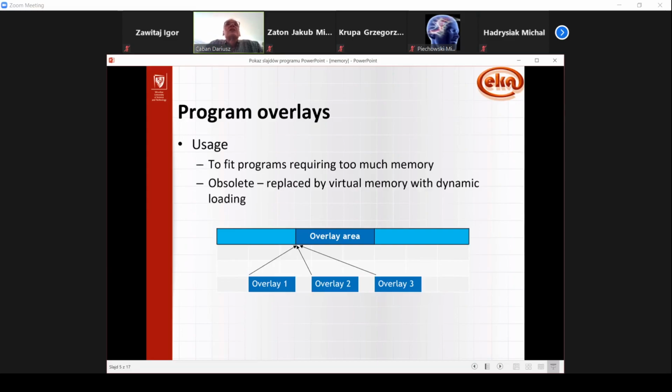So what is the idea with the overlays? Okay, you can compile a program and you still can compile it, both using GCC or using G++ or using Microsoft Visual Studio, if you are running Windows, all of them have an option to compile a program with overlays.